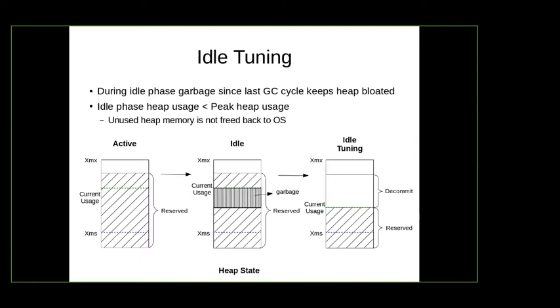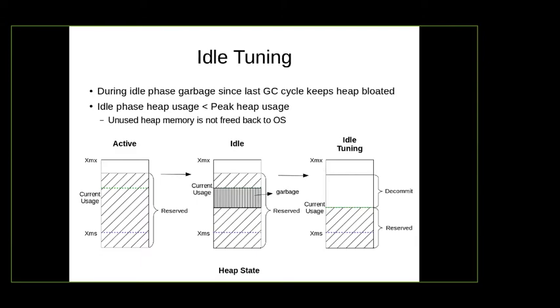Now if your application goes from active state to idle, say it has completed some transactions in the active state, and now there is no load on the application, it goes into idle state. In the idle state, you will find that many of the objects have become garbage. There are no references to those objects.